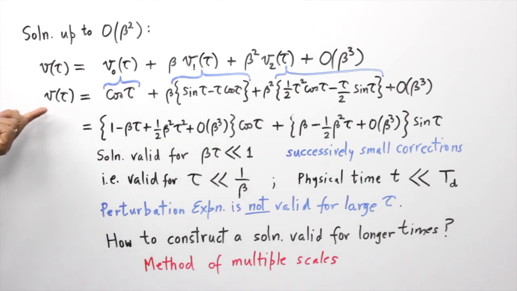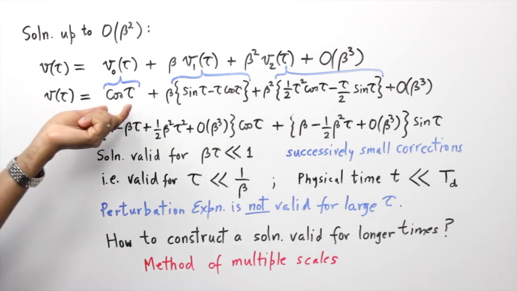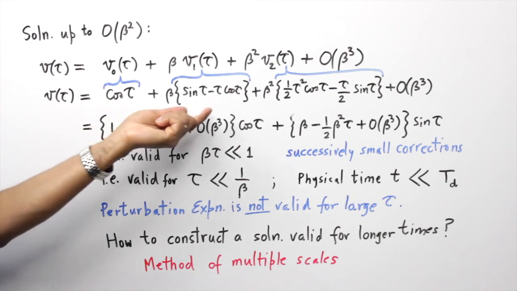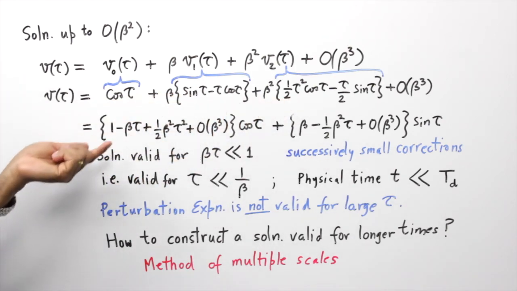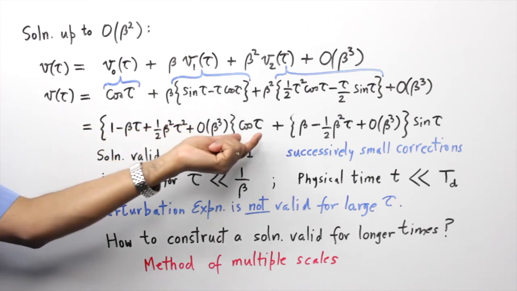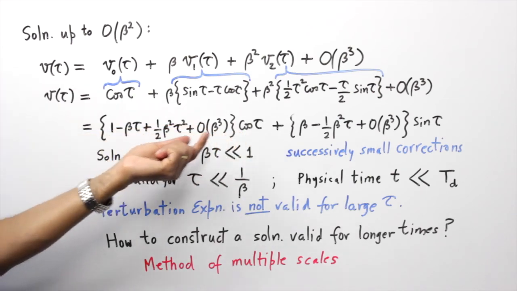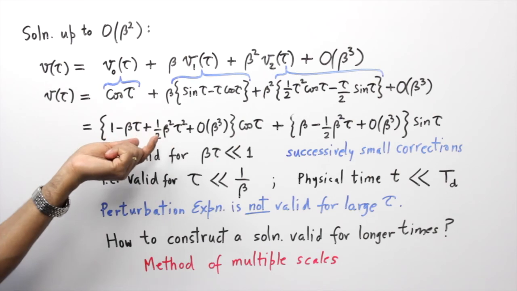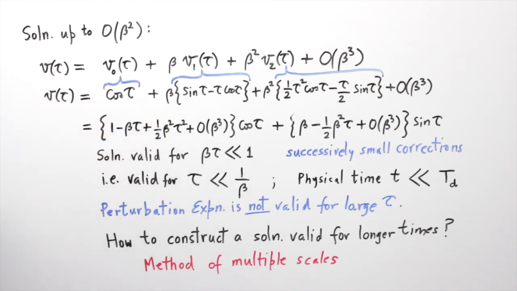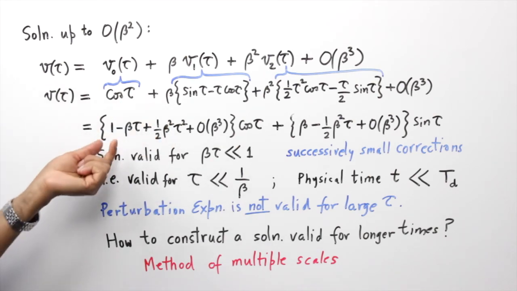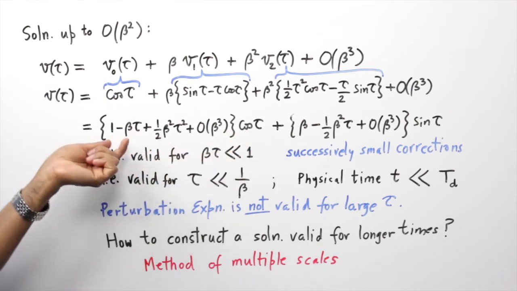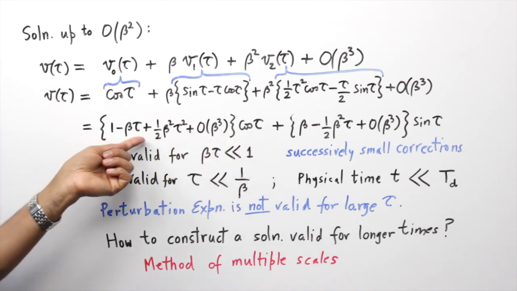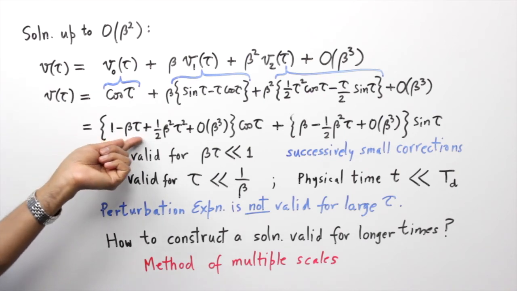All right. So we can interpret this solution. This is the solution without damping, and these are corrections associated with damping. And when we reorder it, we can see that the multiplier of cosine tau here is not constant, which is the case when damping is not present. So if we think of this as an amplitude associated with cosine, that amplitude changes in time, and in fact, for small damping, it decays in time.